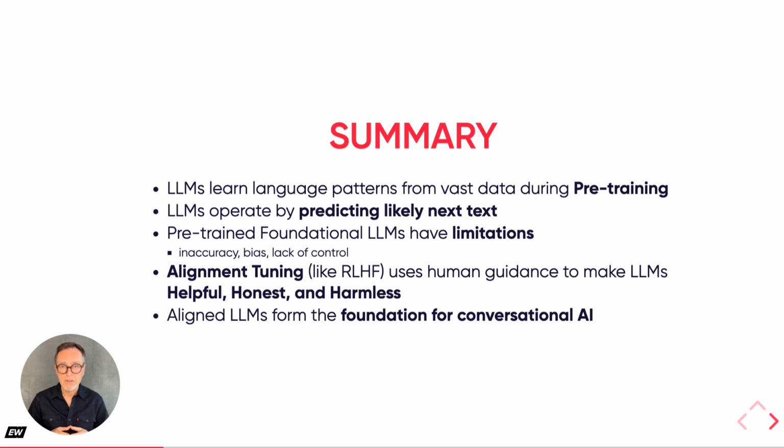To address this, alignment tuning, often using techniques like reinforcement learning from human feedback, employs human guidance to make these LLMs helpful, honest, and harmless. It is these aligned LLMs that then form the critical foundation for effective conversational AI systems.